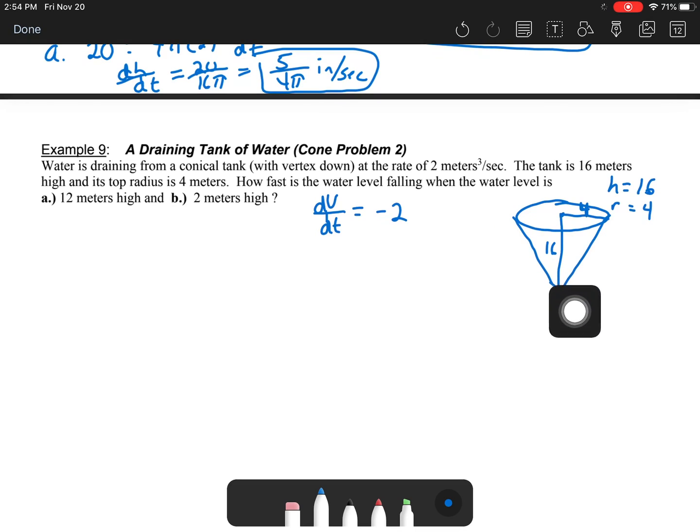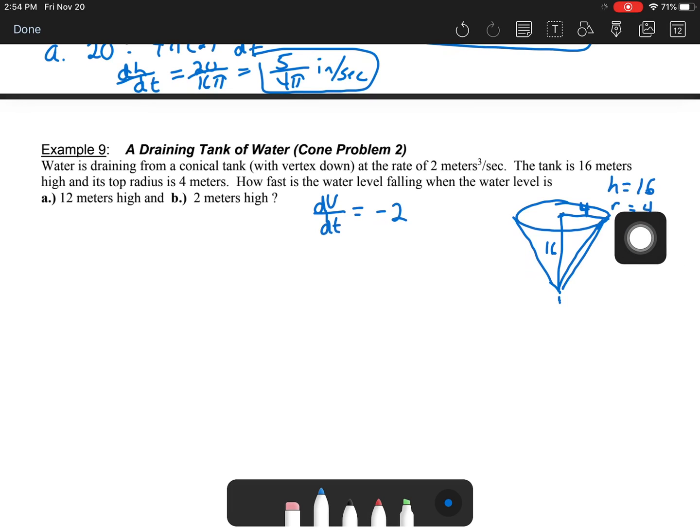Now, something to note: if you have a cone-shaped solid figure and you're looking at cross sections in there, you're going to have right triangles, like what I've drawn here, that are going to be similar throughout the height of this cone.